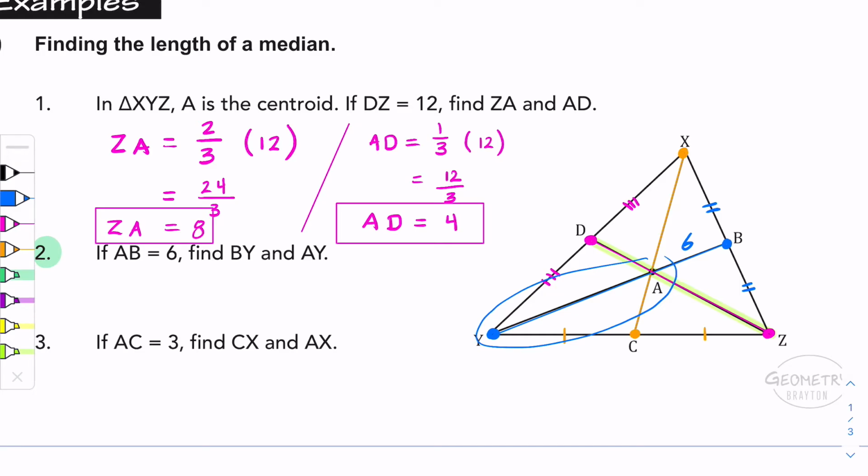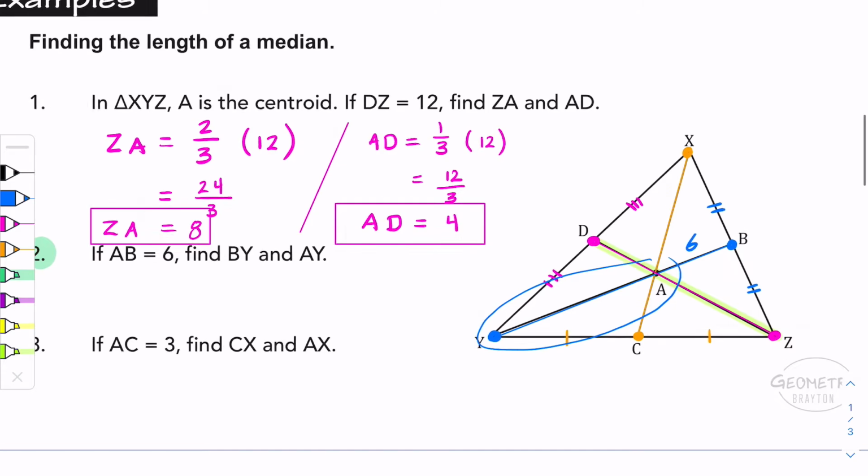Let's see, so I'm going to write down what I just stated. So if I know that AY is equal to AB plus AB, I know that AY is equal to 6 plus 6, and I know that AY is equal to 12.